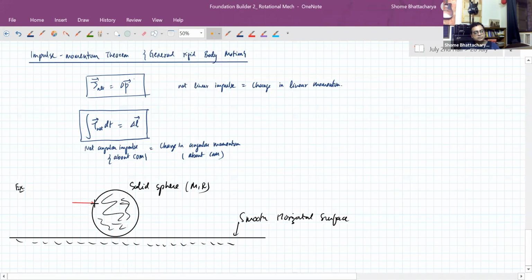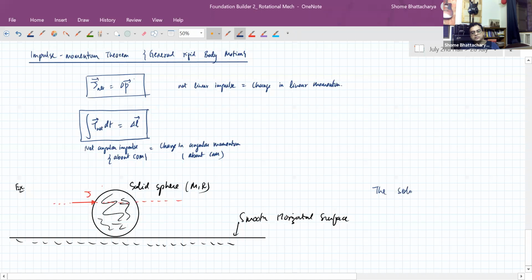Like, imagine when you hit a billiards ball with the cue of the pool table. But instead of hitting it at the center, you are hitting it a little bit above the center. So you are hitting it with a line of action like this. So a sharp impulse J is applied like this on it.